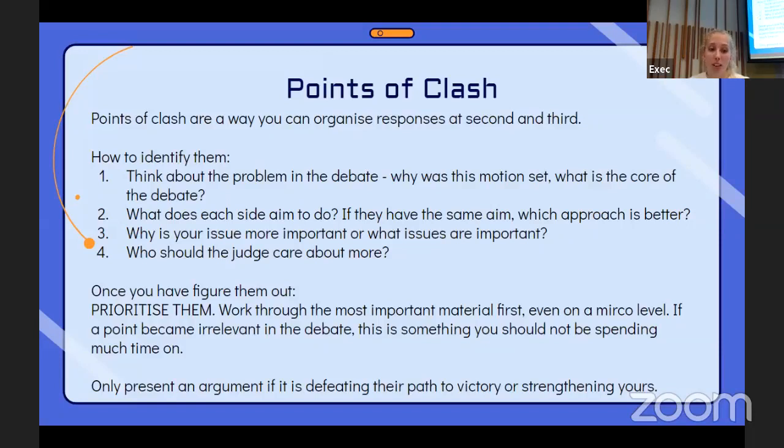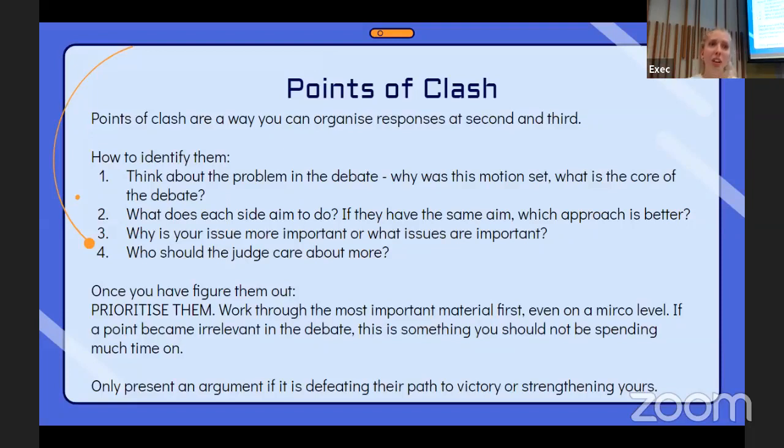The third approach to it is why is your issue more important, or what issues are more important? Obviously, here's where you can become strategic with your prioritization. So if there are these three points of clash on student attitude, teacher pay, and I can't remember what the other one was, but there are three, you're clearly winning on one of those clashes.